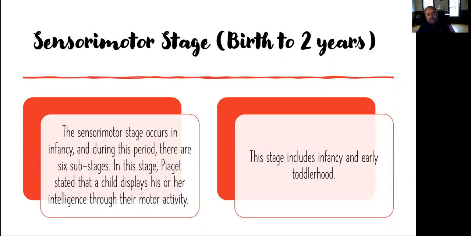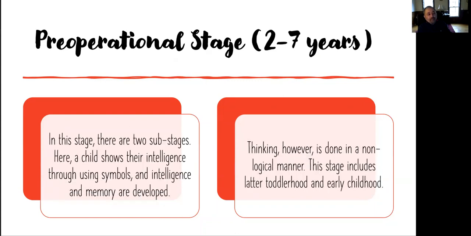In this stage, Piaget stated that the child displays his or her intelligence through motor activities. So from birth to 2 years, children express their intelligence through motor activities. This stage includes infancy and early toddlerhood, something a little before 18 months. Then he talks about the pre-operational stage, from 2 to 7 years. In this stage, Piaget mentioned that there are 2 substages.